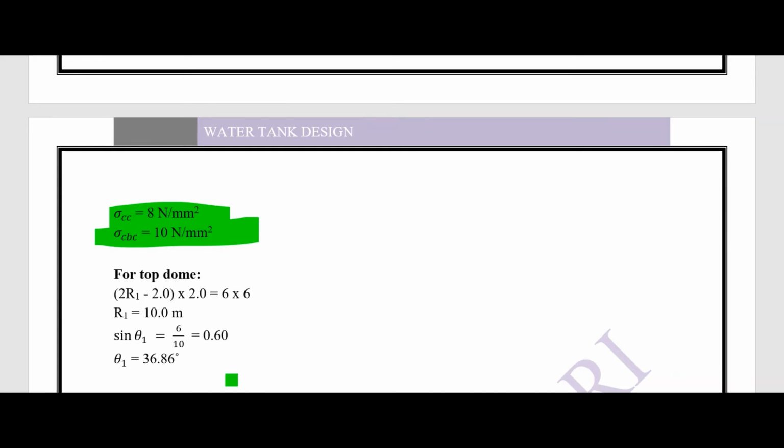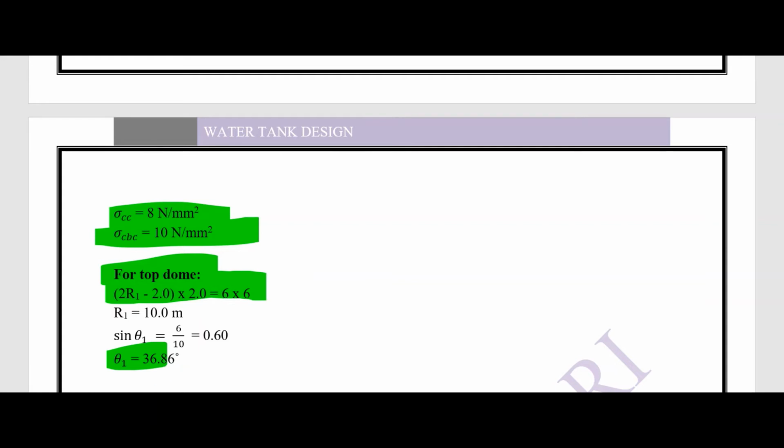Now the same step, we have to calculate theta 1. Theta 1, why? Because we have 2 domes here. For the top dome, the angle is theta 1, with the equation (2R1 minus h1) into h1 is equal to d by 2 into d by 2.